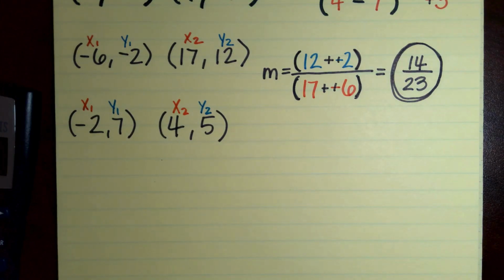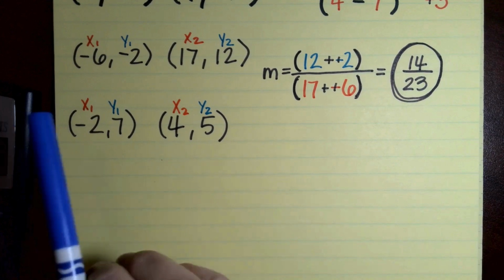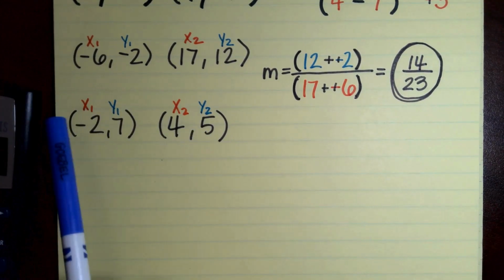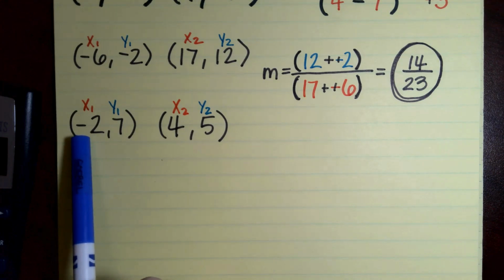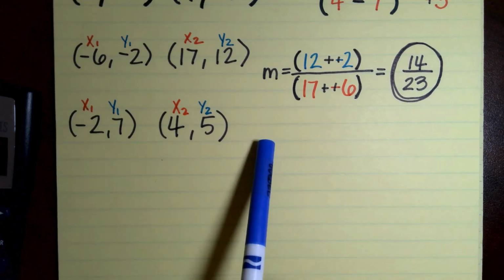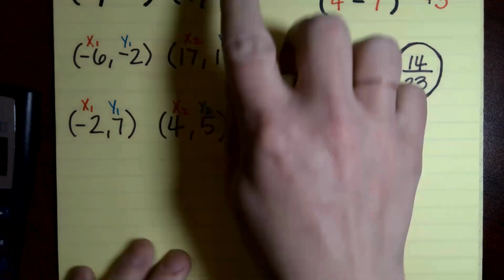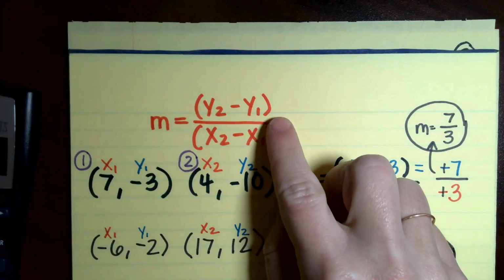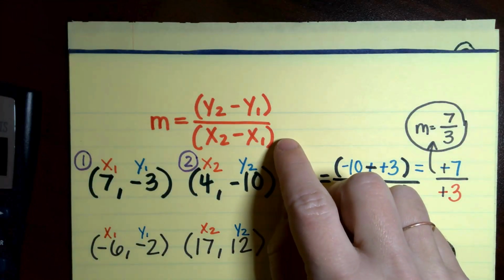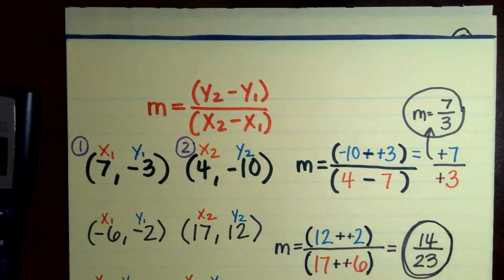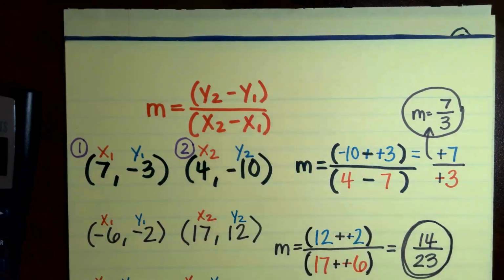Okay. Now, this is one thing that I think some people can get mixed up on very easily, because when we label x's and y's, we usually start with x. So whenever we go to plug the x's and y's into our equation, y2 minus y1 over x2 minus x1, some people might try to start with the x values on top.